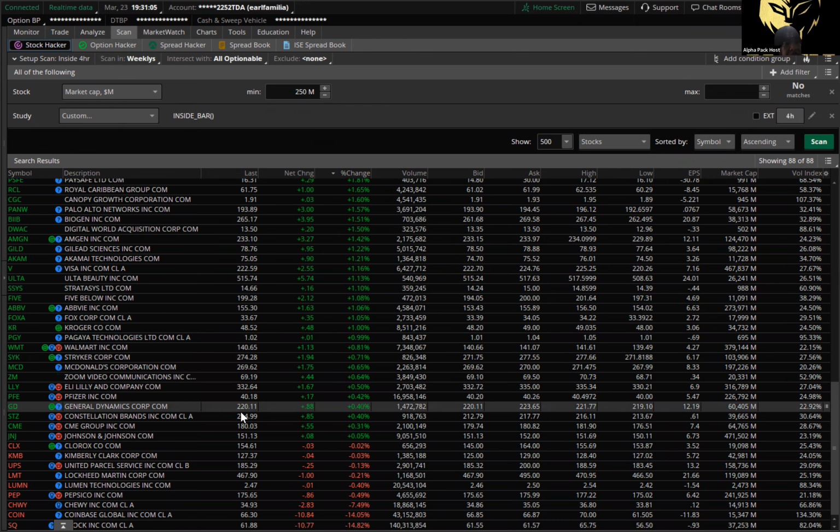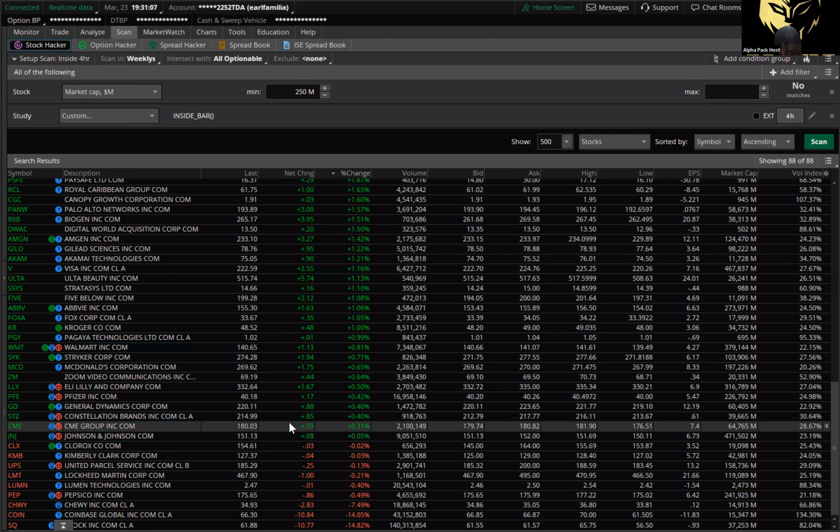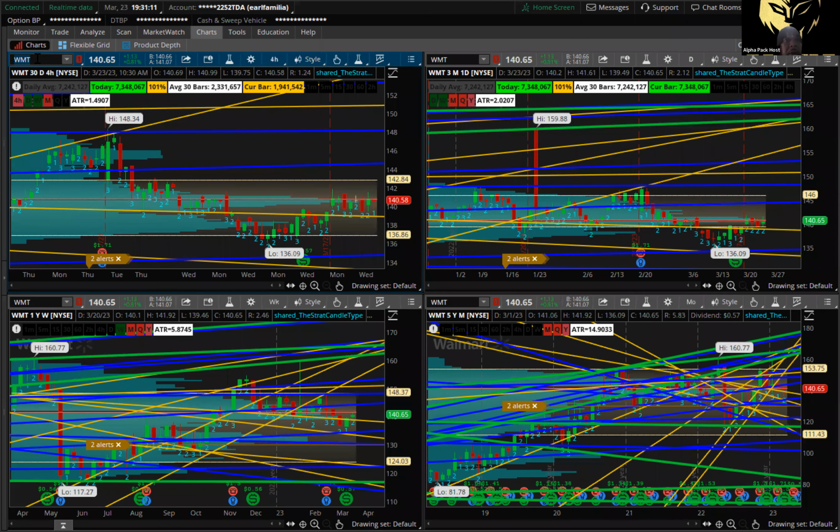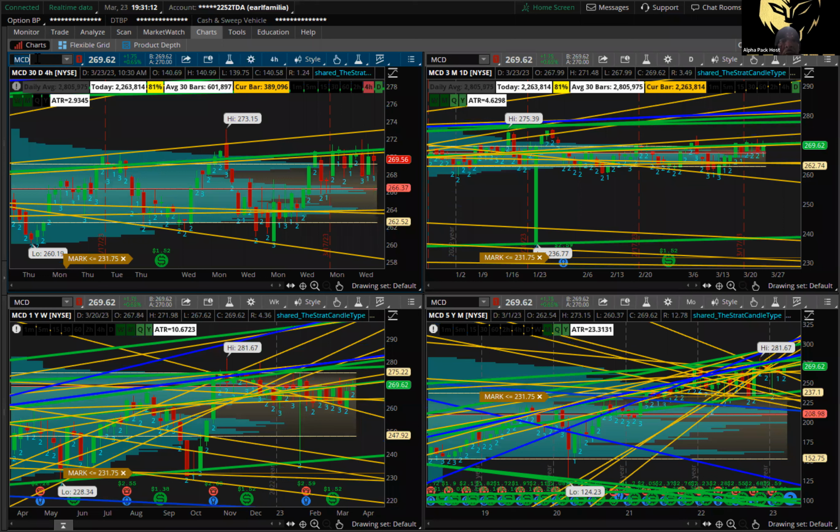Just take a look at McDonald's, Pfizer, J&J. Double inside floors. McDonald's at these BF ranges. It's been consolidating for a minute, so it's a lot of consolidation at this range on McDonald's.